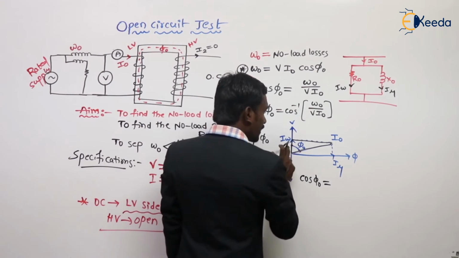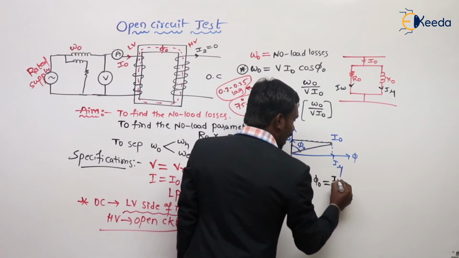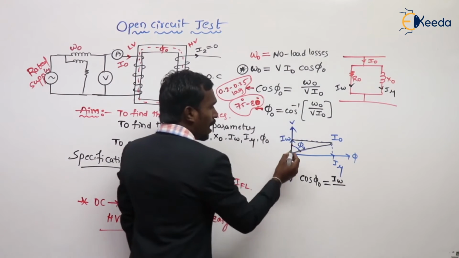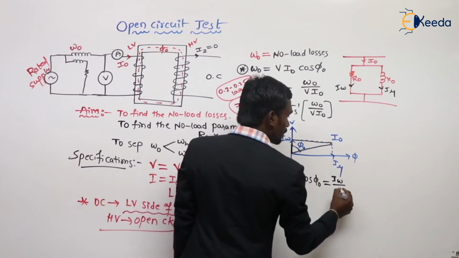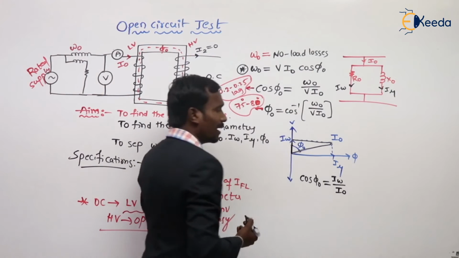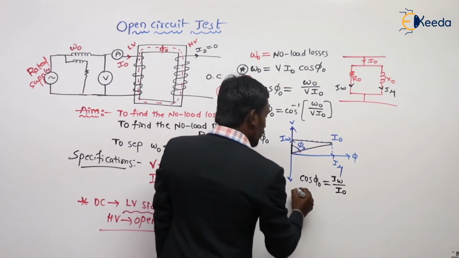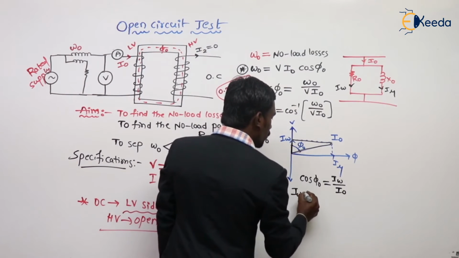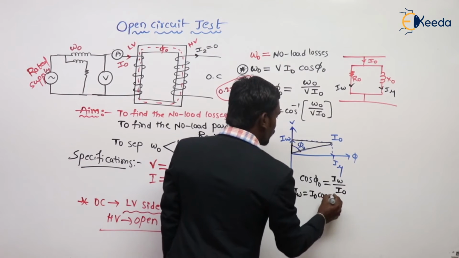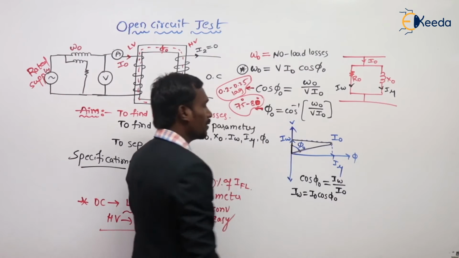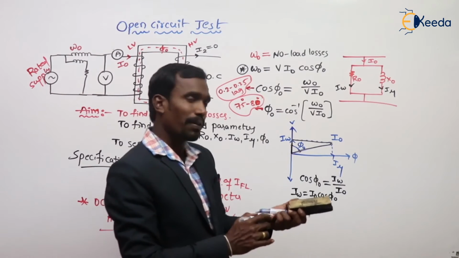What is adjacent? Adjacent is the IW. And what is hypotenuse? Hypotenuse is the I naught. Now tell me, from this IW is equal to I naught cos phi naught.